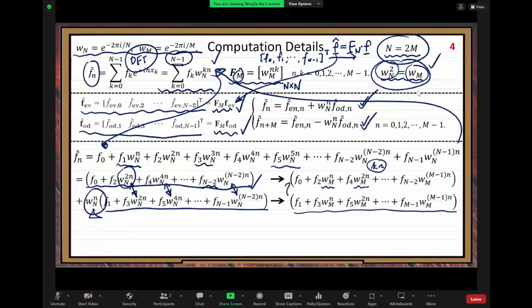Now you can see these two parentheses are structurally similar. The only difference is that we replace even sampling values by odd sampling values.